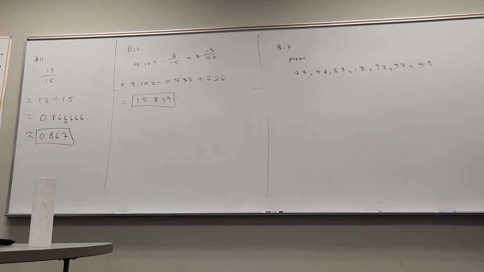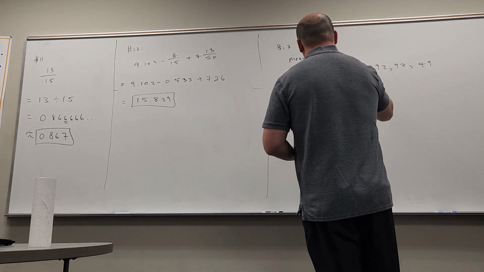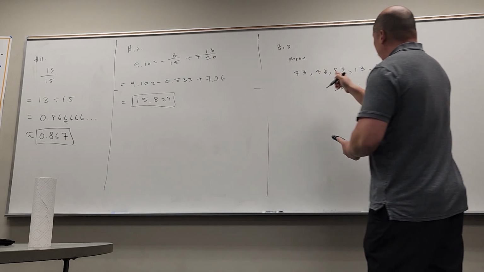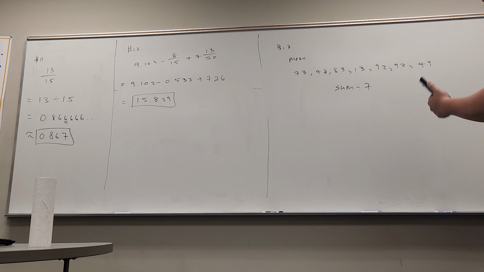To find the mean of numbers, all you need to do is add them all together. Just add everything together. It's the sum divided by 1, 2, 3, 4, 5, 6, 7. We did the one with the fractions, but we didn't do the one for this. But just add them all together, divide by how many you have.